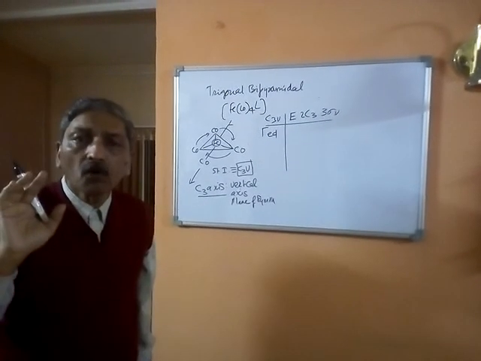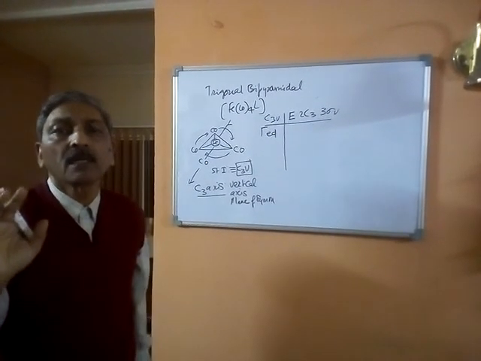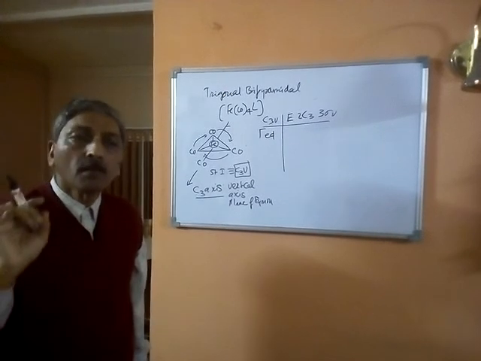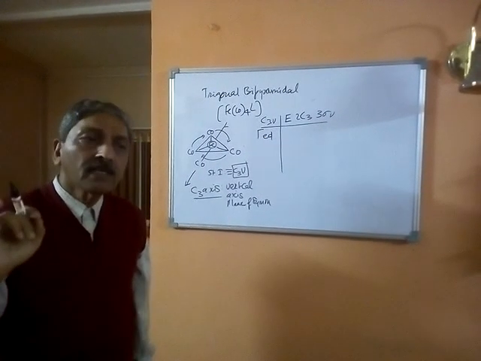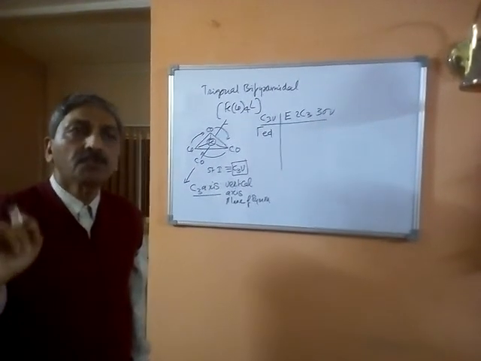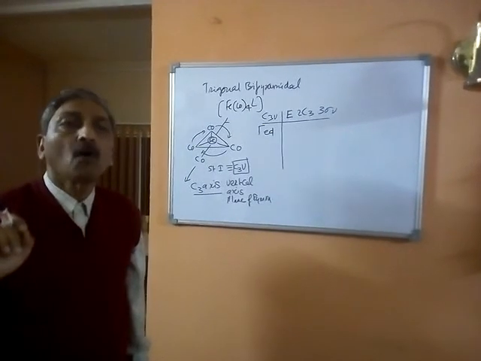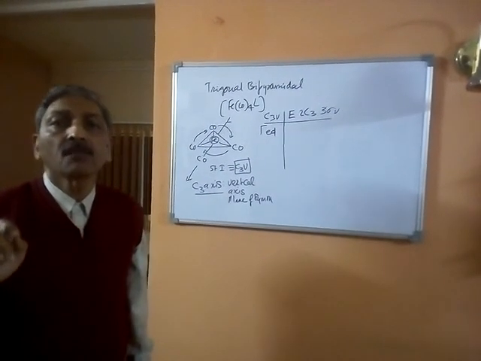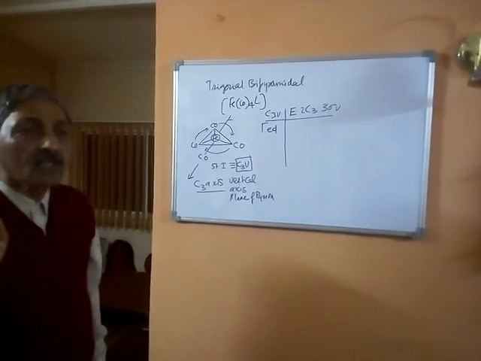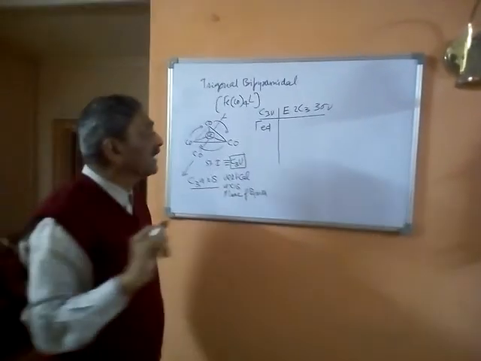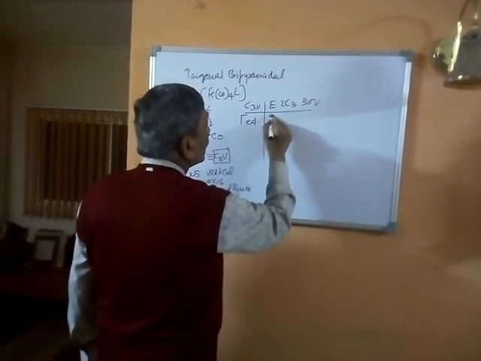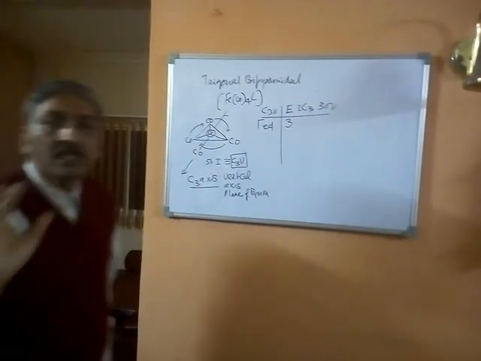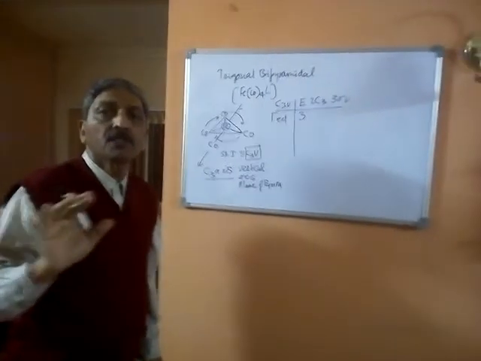That means there is not going to be any change in their positions under the identity operation. Now if you remember the rule, if there is no change in the position of the ligand or the atom under consideration, then the character of that will be 1. Since there are 3 COs, therefore the character will be 3.